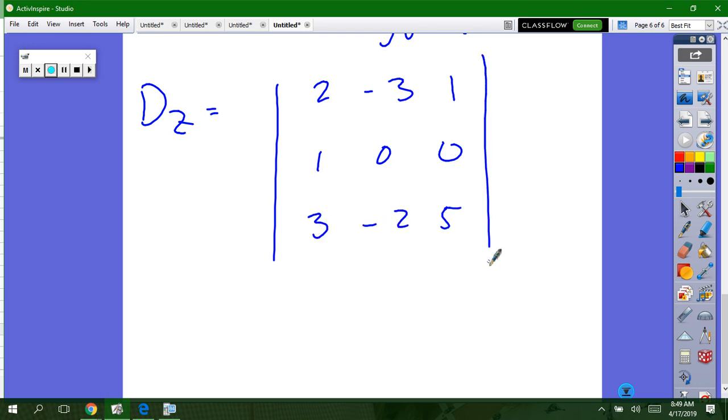Okay, you guys tell me. Should we add the 2 rows or should we do minors and cofactors? I would do minors and cofactors. There's another row just staring right at us, right? Does everybody see row 2, just like bang, bang, bang, bang, bang? Yeah? Okay.